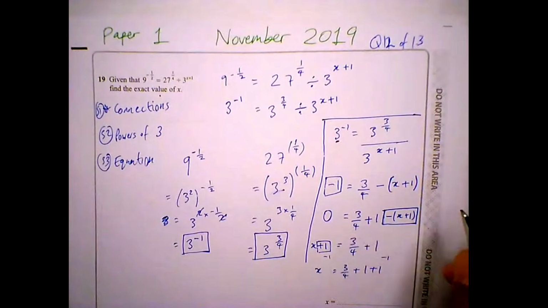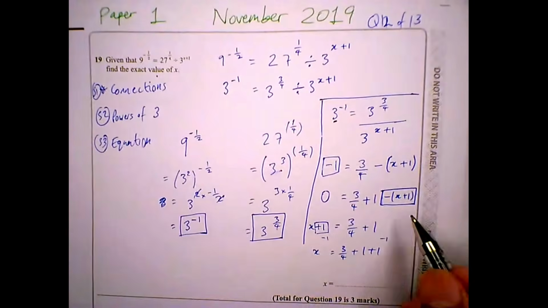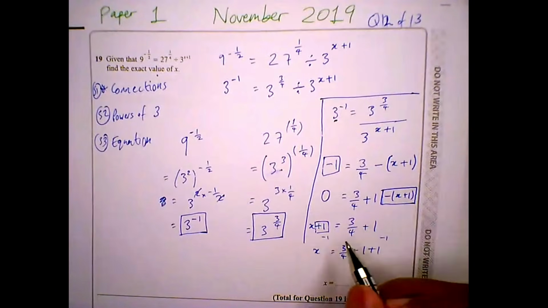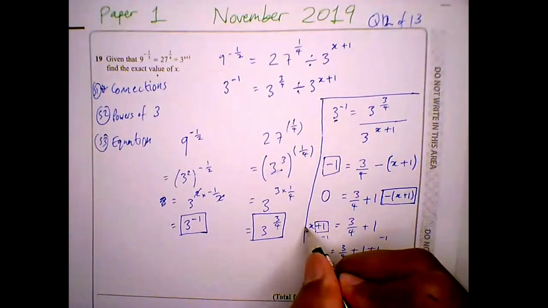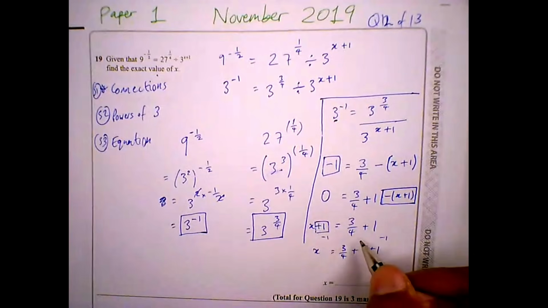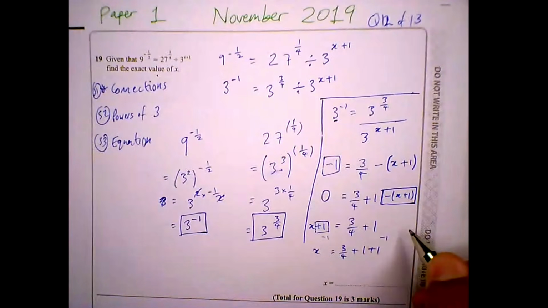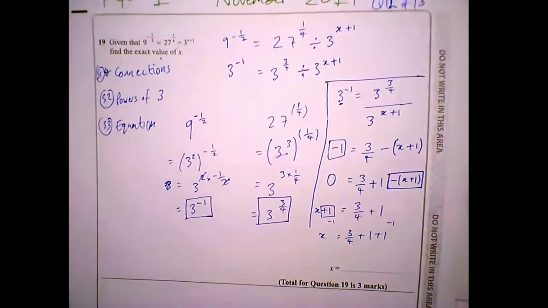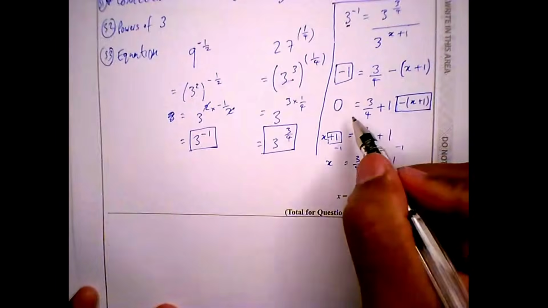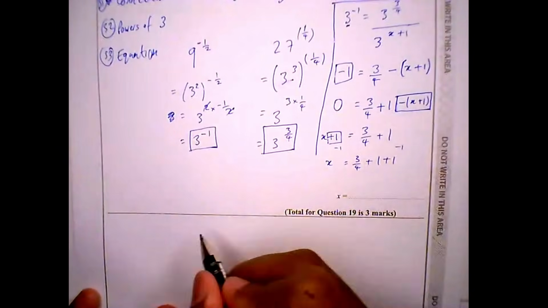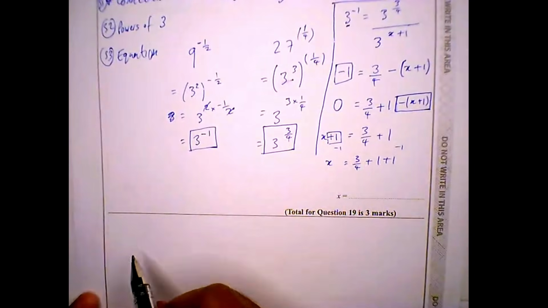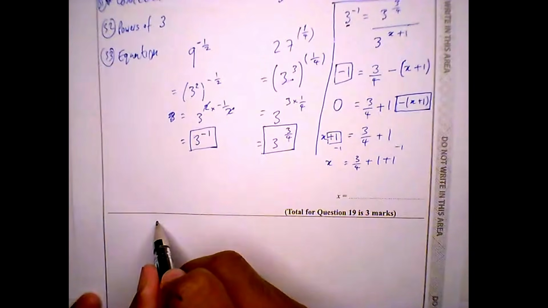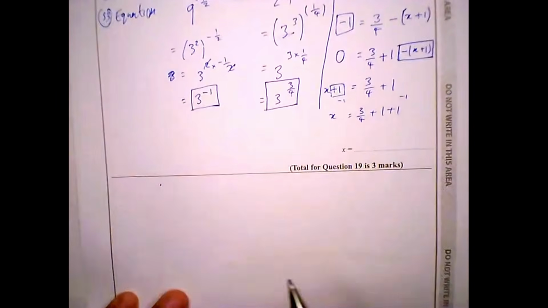Let me just rewrite this out. So this would have been my plus, the signs change essentially. Let me rewrite this again. This bit here. I'll just do this here.